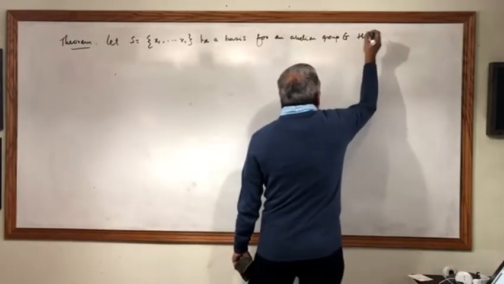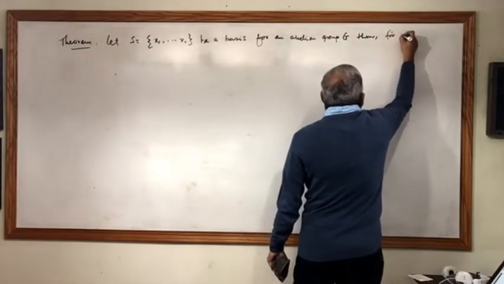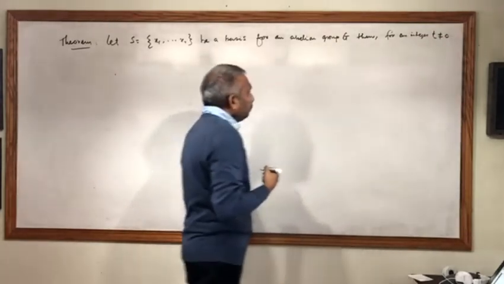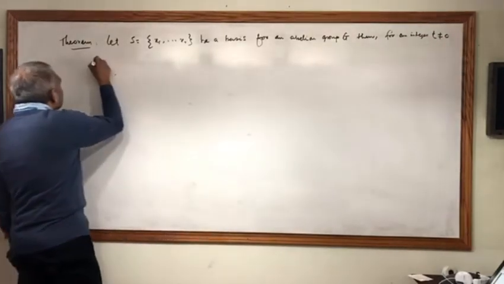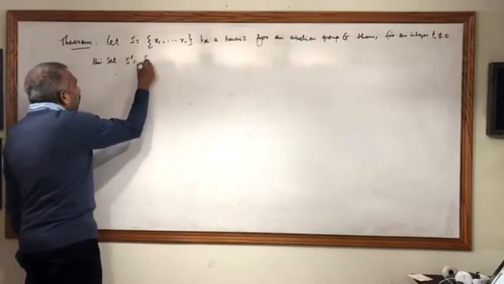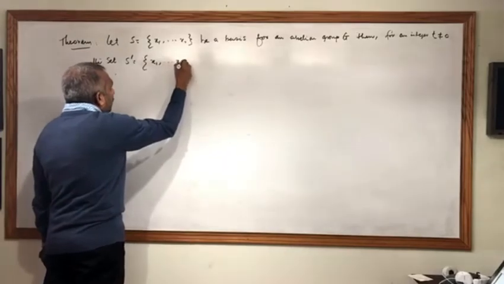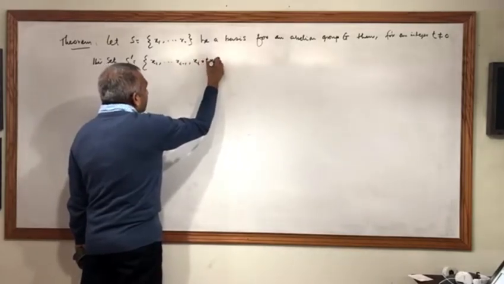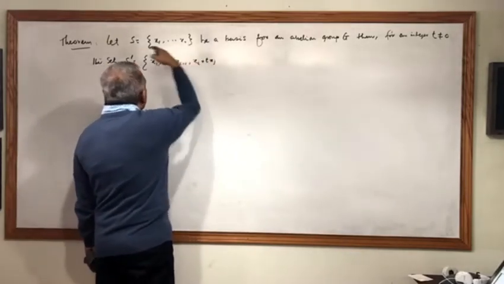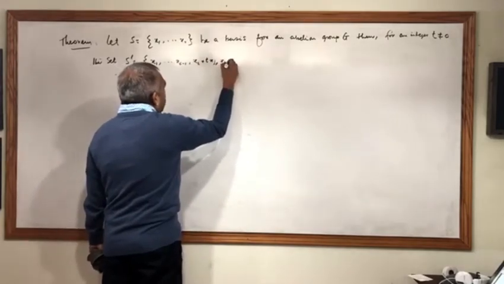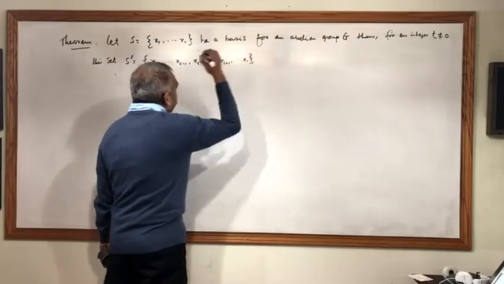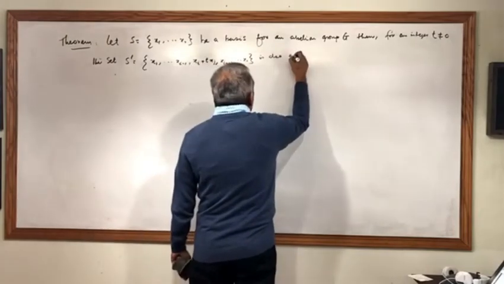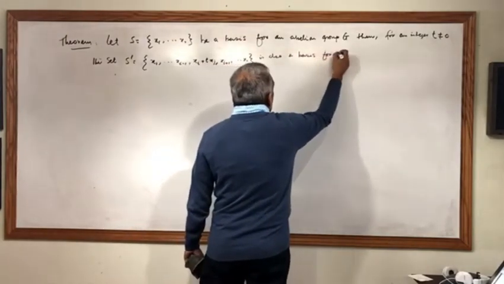Then for an integer t different from 0, the set S' equal to x1, ..., xi-1, xi plus t xj for some other j from the set S, xi+1, ..., xr is also a basis for G.